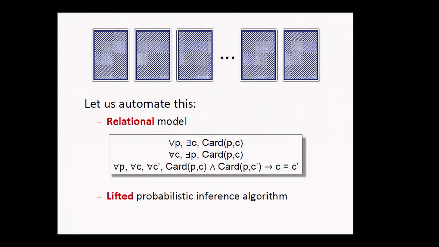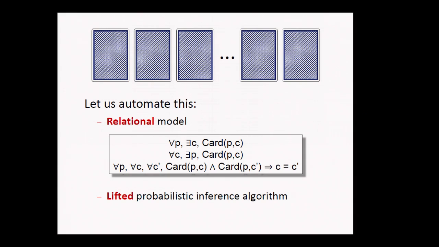So what should I have answered to this person that sent me the bug report? Well, they were using the wrong tools, right? They were using graphical models, and it was never going to work. What they should have done is modeled this probability distribution over a deck of cards as a relational model. You don't even need a statistical relational model here. It's just first-order logic. So for instance, this sentence here says that in all positions in the deck, there's at least 1 card.